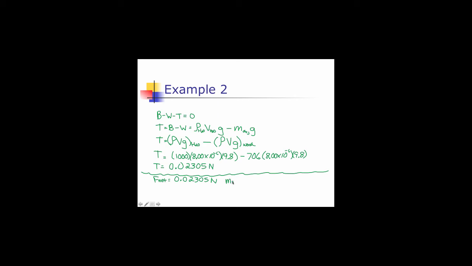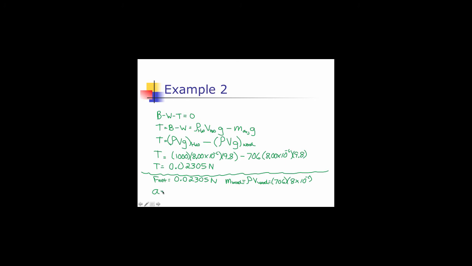The mass of the wood is the density times the volume of the wood, and that is 706 times 8 times 10 to the negative 6th.